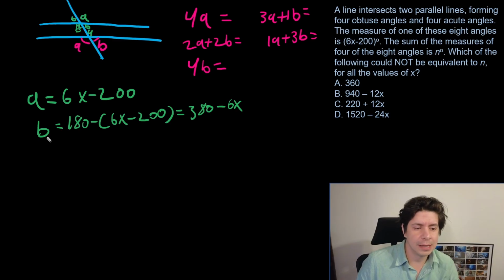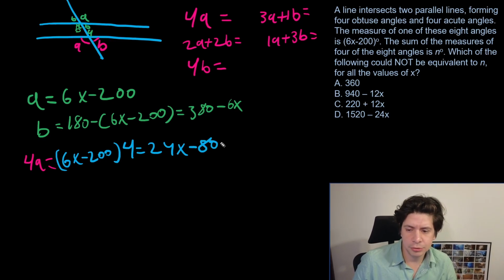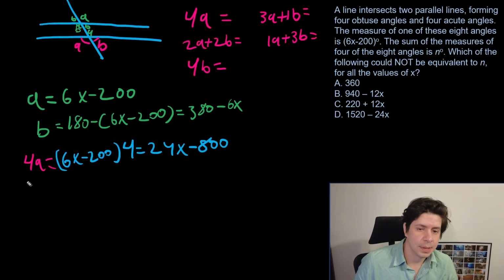So let's do 4A. That would be 4A equals 6x minus 200 times 4. And that's going to give us 24x minus 800. Okay, that's not an option here, but that's okay. 24x minus 800. Then let's do 3A plus 1B.